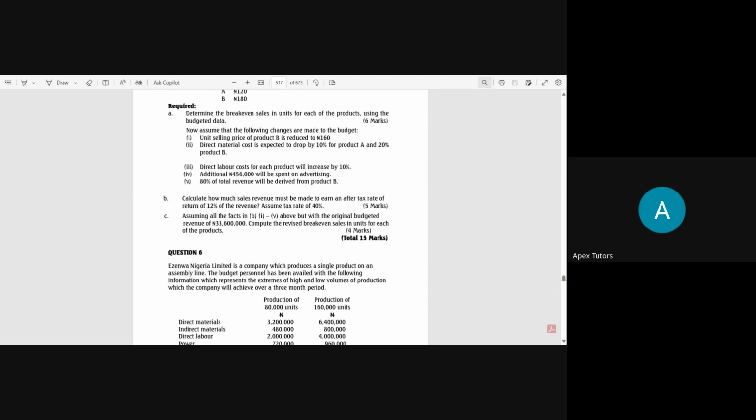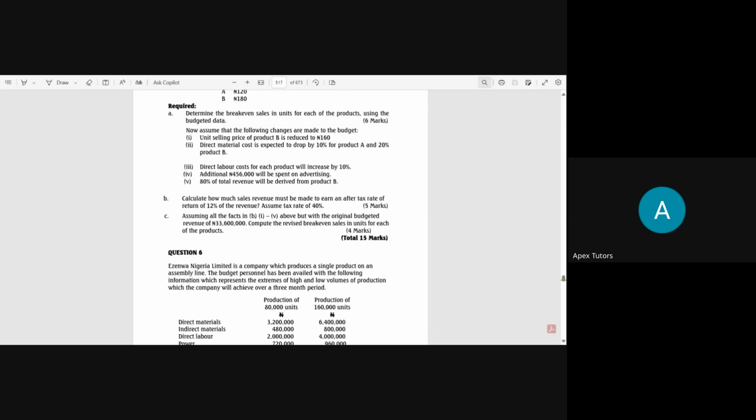So they've already given us the weight. The weight for product B is 80%, for product A will be 20%.